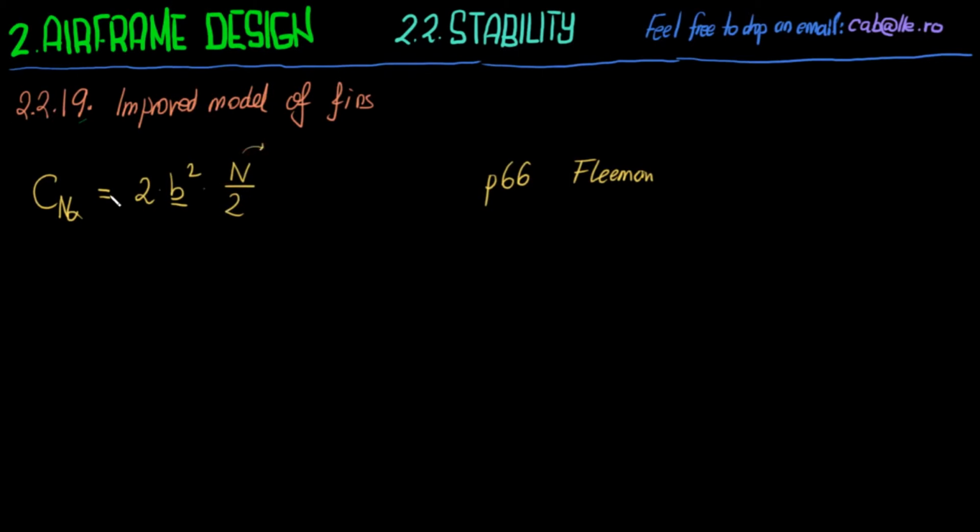So this is extended to any number of fins. No, wait. Alright, sorry, no. Of course, this is over 4. Okay, so this is what Fleeman says, but it's a quite simplified model. So I was thinking of getting away with it, but no, not really, because this is very important.